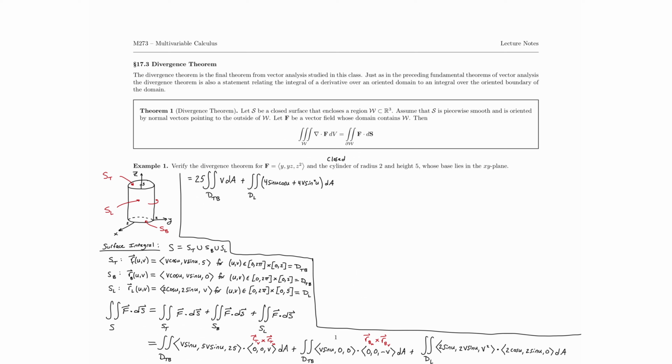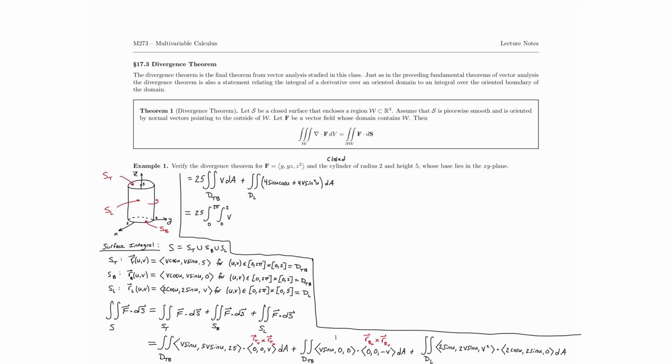Now that we have that, let's see here. 25, our domain, let's say dv du, so u is 0 to 2 pi for this one. V is 0 to 2, yep.